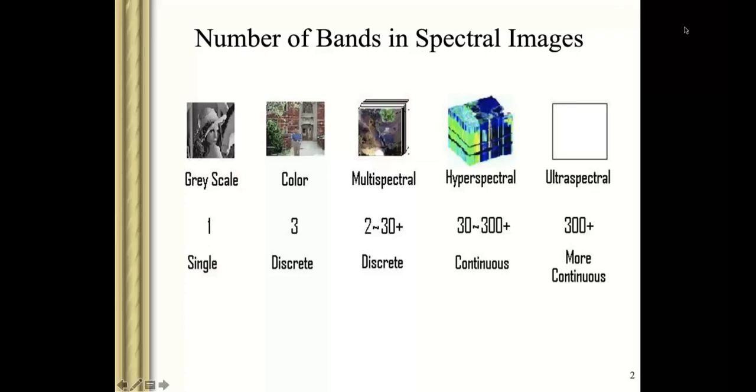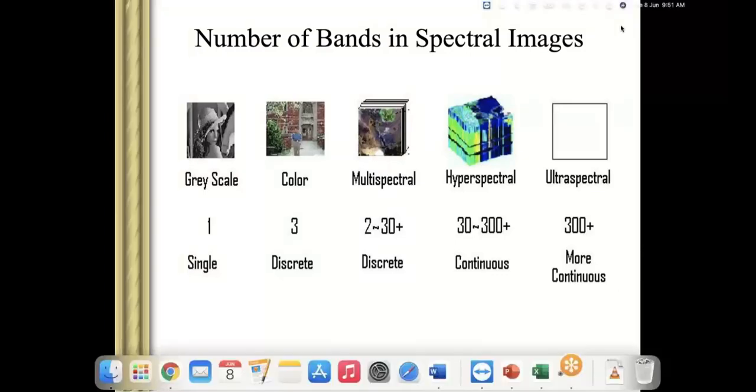And now the next generation is ultra spectral, with 300 plus bands in these sensors, but ultra spectral is still in progress and not yet launched, because hyperspectral is still advancing. Once this hyperspectral technology is over, there is a chance of getting ultra spectral technology, in which we will get many more bands compared to the previous advancement.